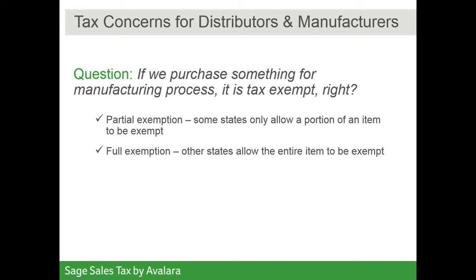And again, depending on the state, those rules could vary, whether it's exempt or not, whether it's a full exemption or a partial exemption. What we find when we talk to companies is they kind of know 80% of the time and 80% of the places, but very few people would tell you that they know it all the time. And in that uncertainty, there's risk. That's the thing that the auditors play on and try to catch you up with.